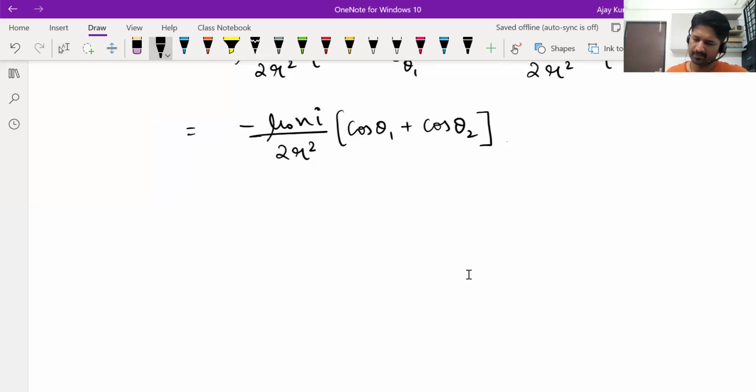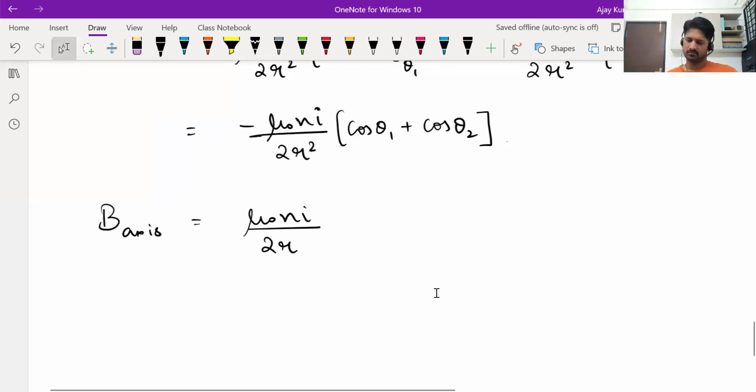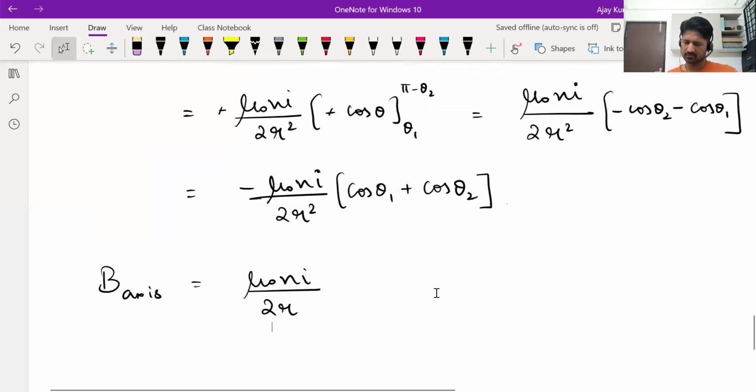That is reasonable. So the magnitude of the magnetic field on the axis of a finite solenoid becomes mu naught n I by, once again, dimensionally this does not seem to be correct.